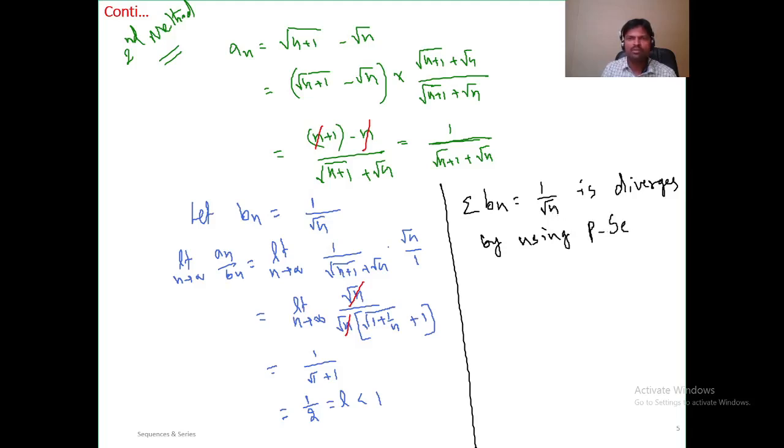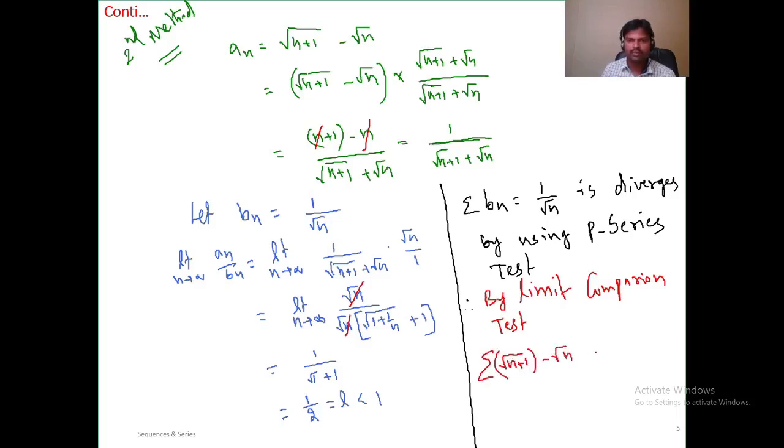N power 1 by 2, p is 1 by 2, and 1 by 2 is less than 1, so it diverges by p series test. So therefore by limit comparison test, the final conclusion is root n plus 1 minus root n diverges.